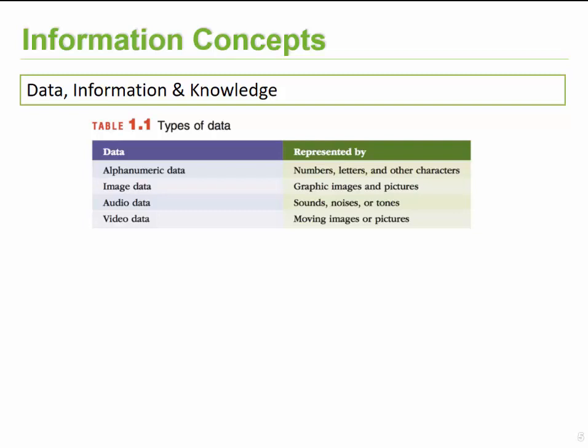We also find audio data, sounds, noises, tones. Imagine you hear a small sound clip, a bird chirping. If you just hear the sound, you might not realize what it is, so that's data.